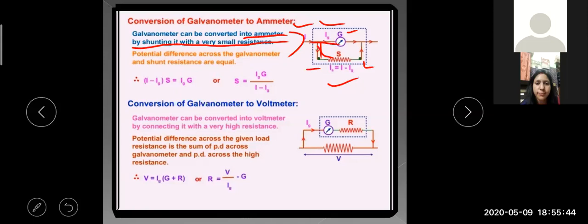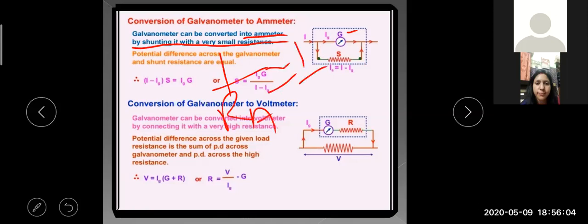Now what is the net resistance of the shunted galvanometer? That is, the ammeter, which we denote by RA. So we can write 1 upon RA equals 1 upon G plus 1 upon S. From this we get RA equals GS upon (G plus S).